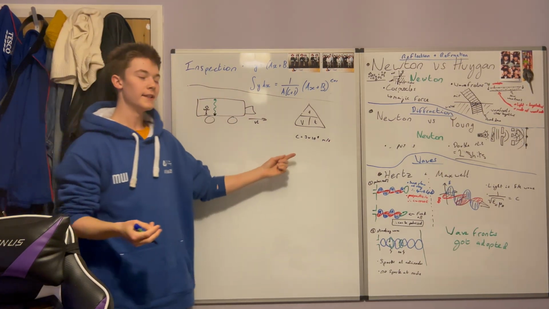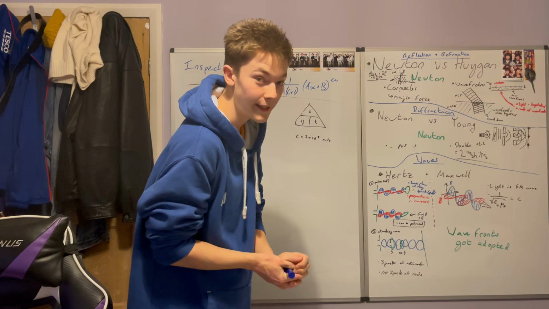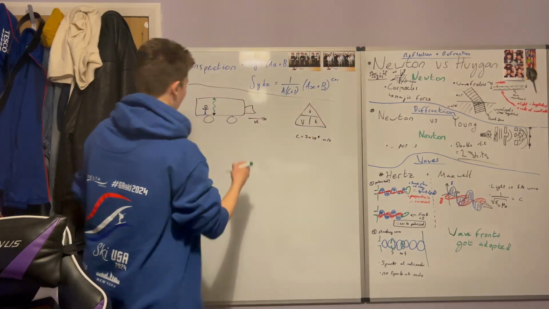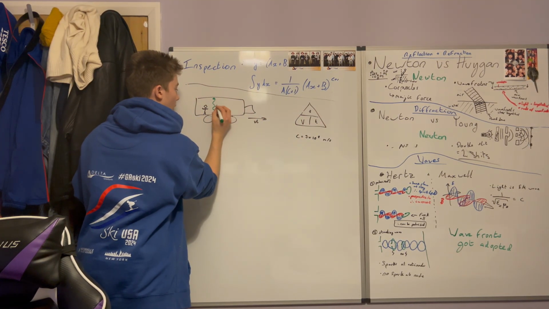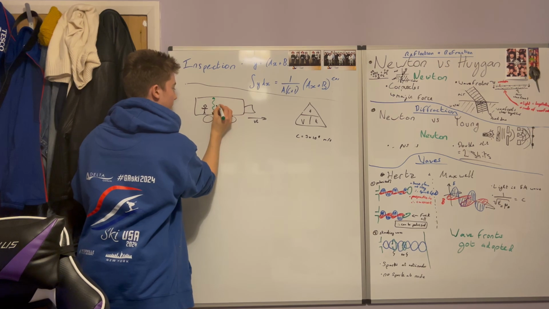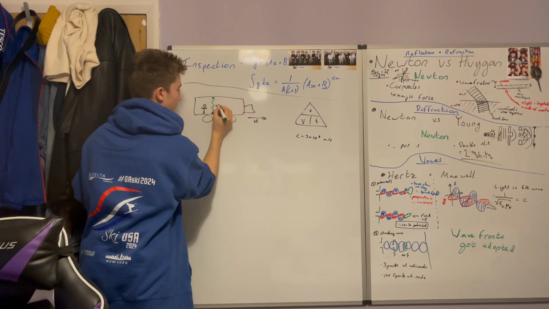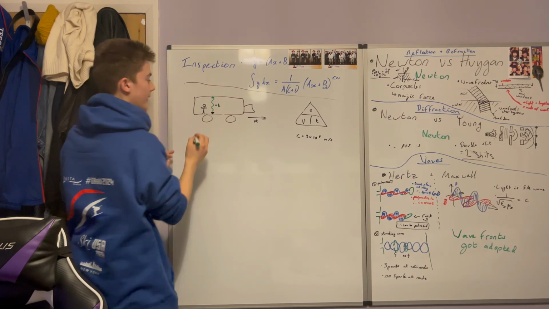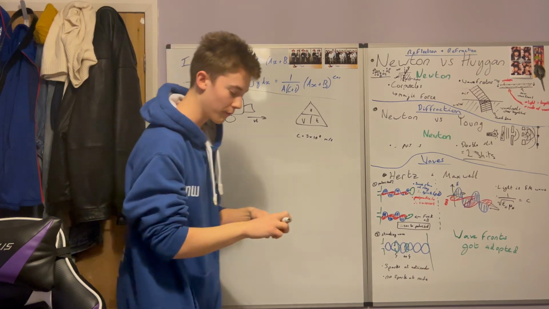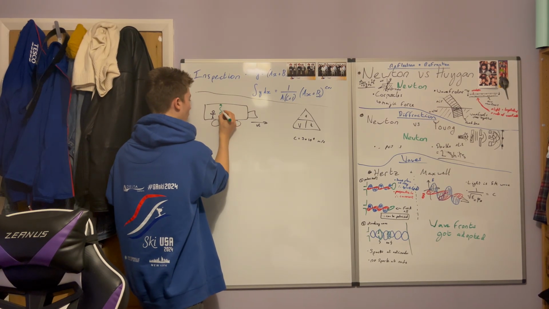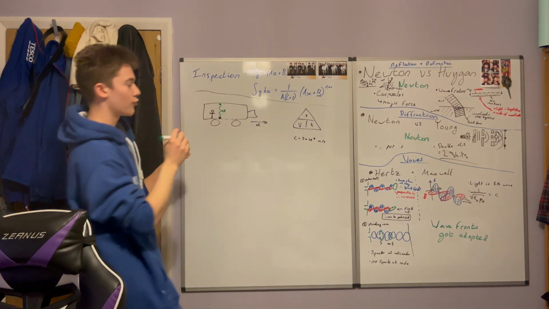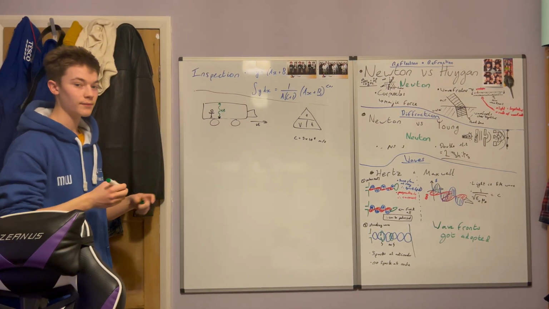C is just the speed of light. You see it travel a distance of CT.